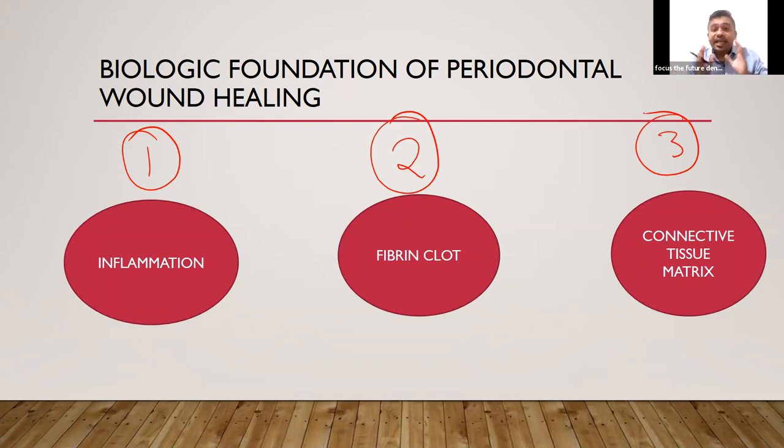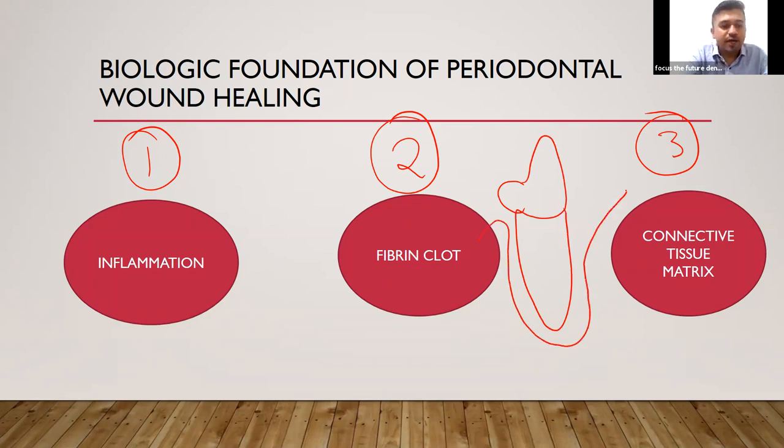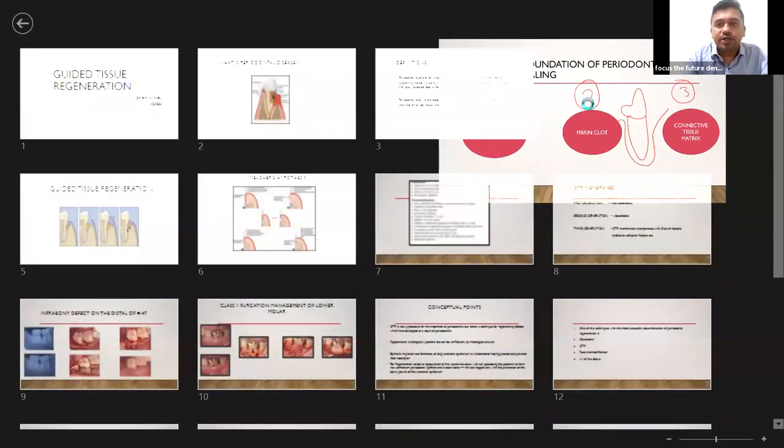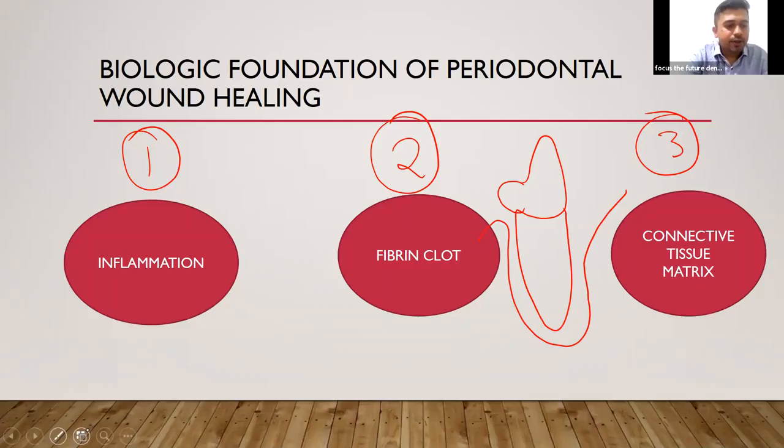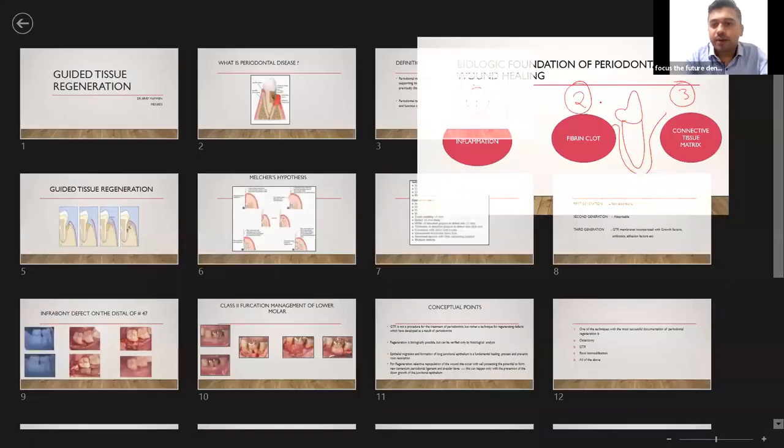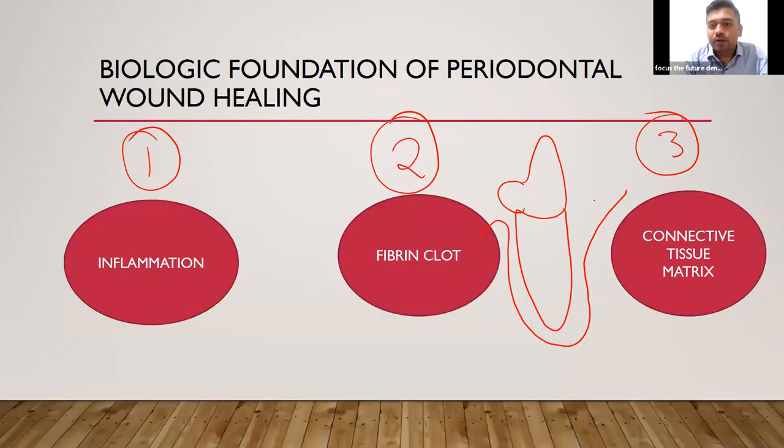Okay. Now, in a normal situation, in a conventional therapy, let me draw a tooth here. Like this. When we have done a treatment, let me just change the color. Okay, and this is your alveolar bone and this is your flap.